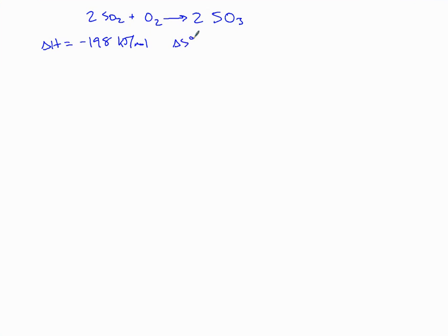Delta S, these are standards, negative 187. And we have standard delta G, negative 142. All of these are standard states, and it even goes as far as to specify that we're at 25 degrees Celsius, which is 298 Kelvin.